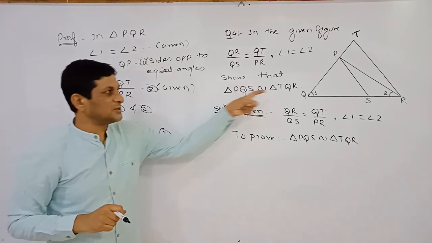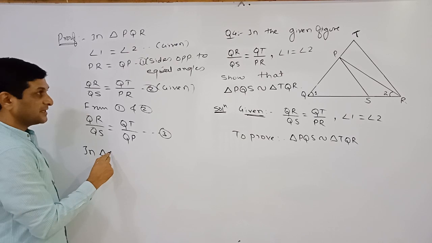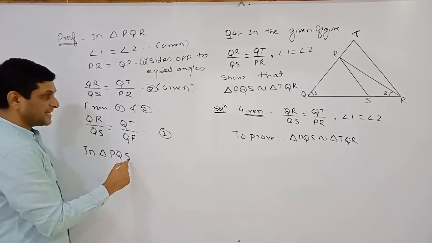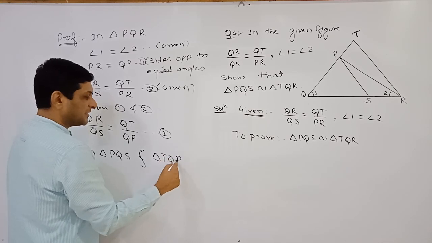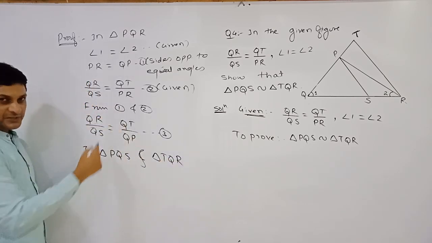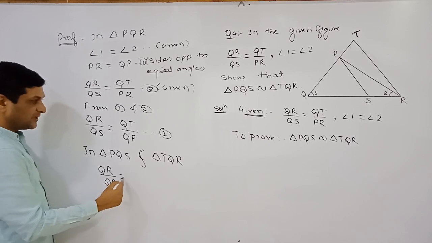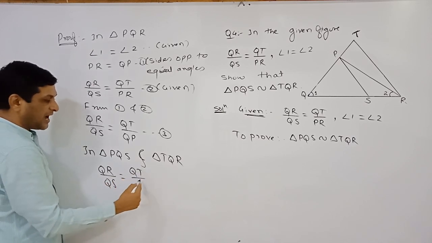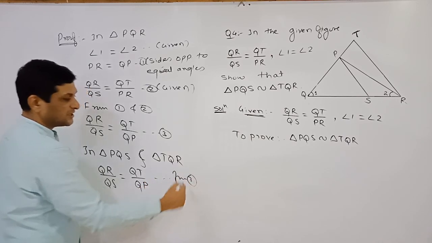Now we are considering these two triangles. In triangle PQS and triangle TQR, write down equation 3. QR upon QS will be equal to QT upon QP. So this value we are substituting from equation number 3.